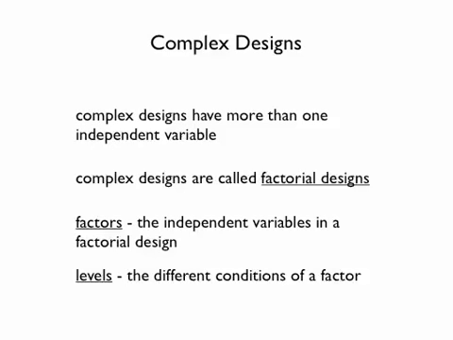And the different conditions for that factor, the different levels, we could refer to them that way. So in the simple experimental design for the Mozart effect study, we had one factor, right, one independent variable, with three levels. Complex designs, or factorial designs, when we have multiple independent variables, we're manipulating more than just one thing.